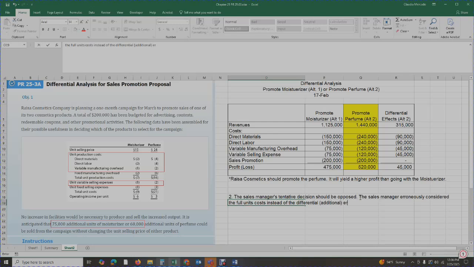That's your additional revenue, and differential additional costs. So the person was picking up the operating income.